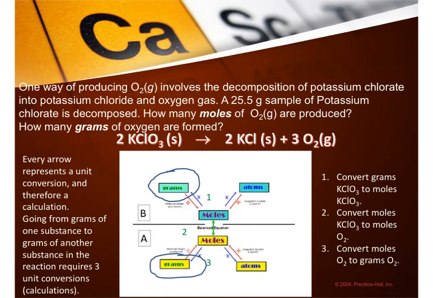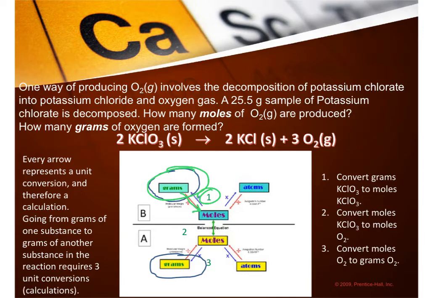Alrighty. So looking on the mole map, how we would approach that is we are starting with grams. Doesn't matter if you take grams on the top or grams on the bottom, okay? Remember, every arrow represents a calculation. So we want to first convert to moles, right?